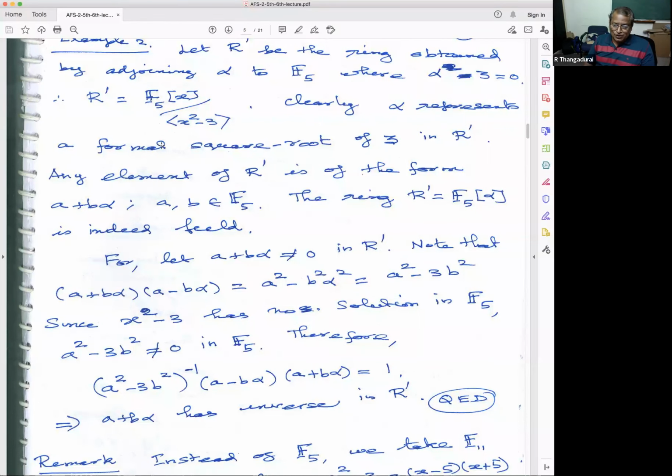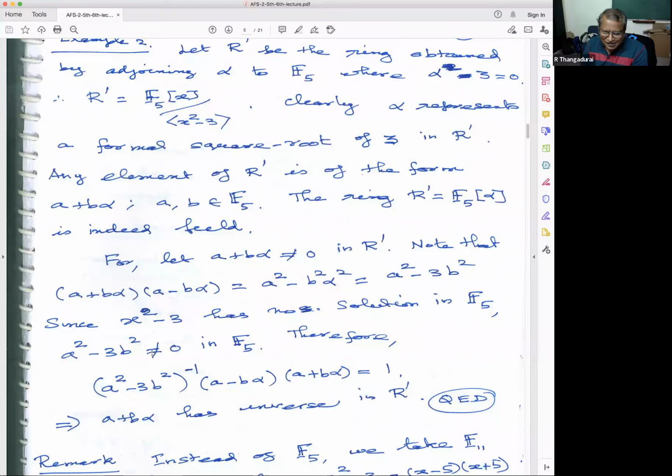Why? How is it known? Anybody knows? A and b are coming from F5. I am asserting that a square minus 3b square is non-zero in the finite field F5, because 3 is not a quadratic residue modulo 5.